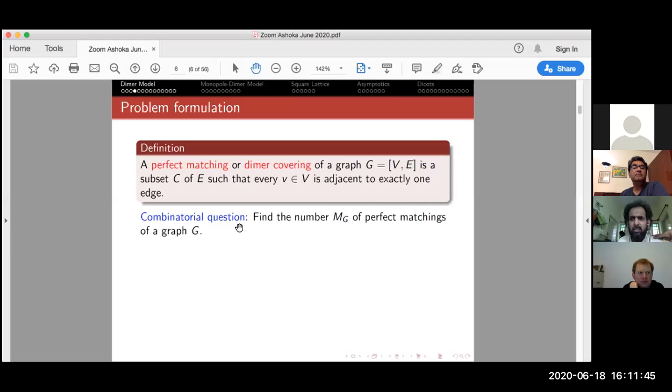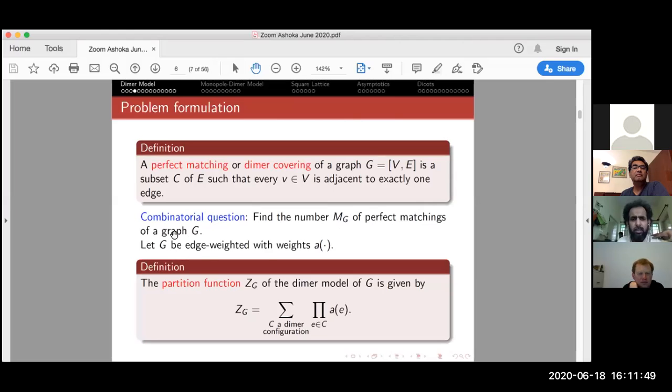One can generalize this a little bit and give the graph weights on its edges. So for an edge e, a_e is the weight associated to that edge. Then for every dimer configuration, you take the product of the edge weights which are matched.